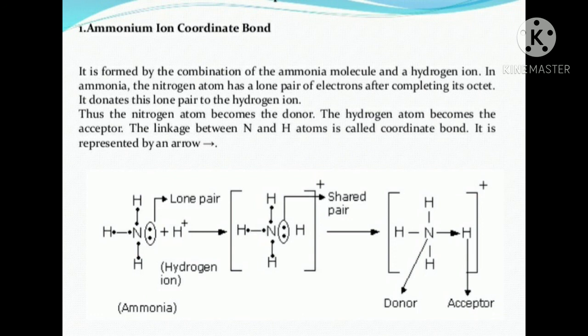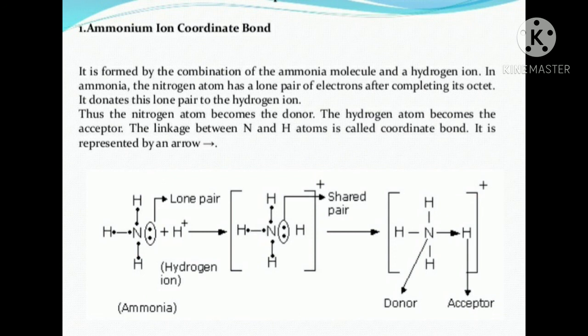The hydrogen ion accepts the lone pair of electrons, forming a coordinate covalent bond, as ammonia is a polar covalent compound with a large difference in electronegativity between the nitrogen atom and hydrogen atoms in the ammonia molecule.